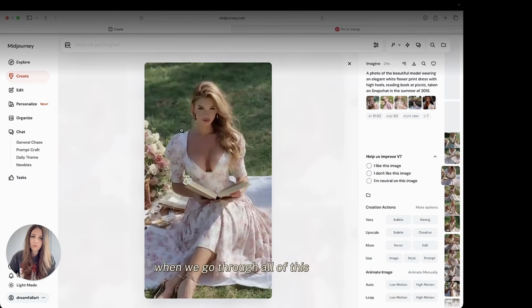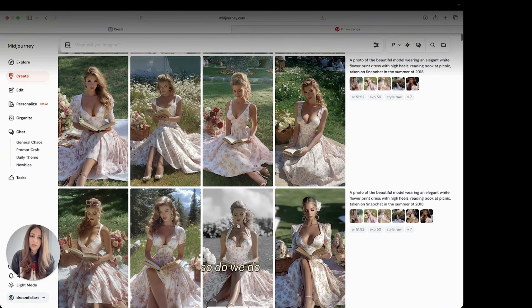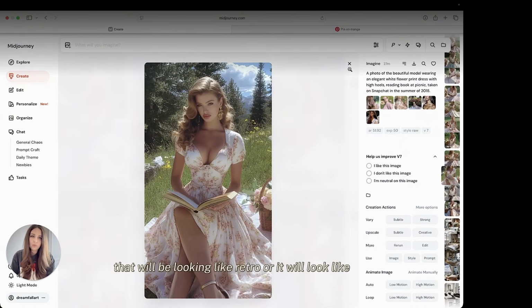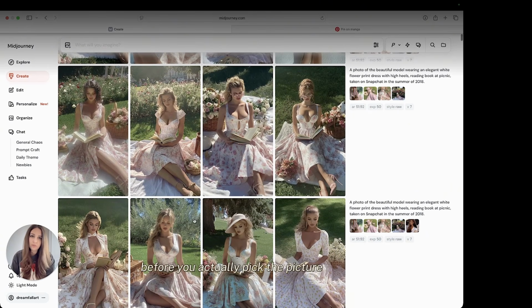So for example, when we go through all of this, we need to understand what exactly we need. So do we create a reel that will be looking like retro, or it will look like modern? So it all should be considered before you actually pick the picture.